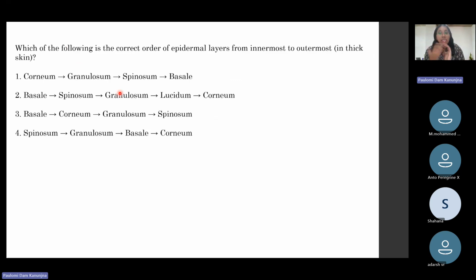Okay, next one. This is what I was talking to you about, and this you should try to attempt. So the question is, which of the following is the correct order of epidermal layers? Remember the direction from innermost to outermost. So going from one direction to the other, you should be aware of the order of your layers. This is very important, and this is what you should focus on in this part.